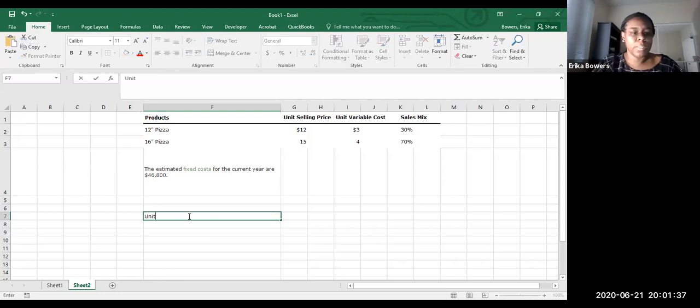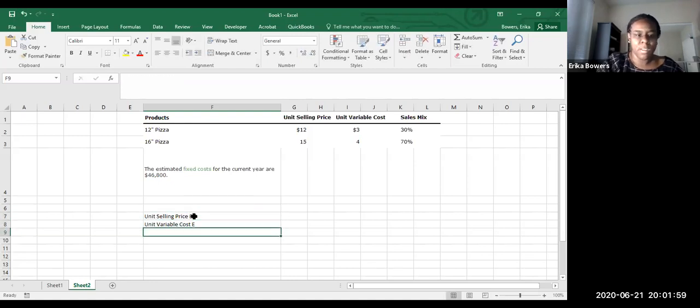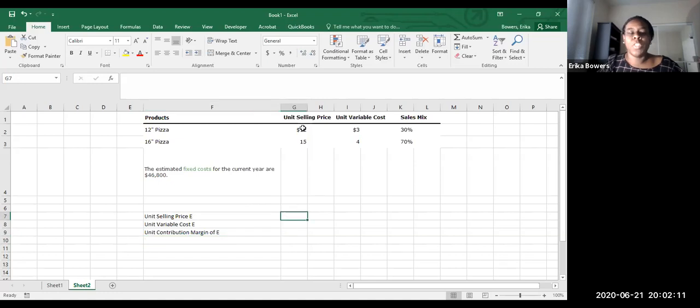So unit selling price of E, unit variable cost of E, and then unit contribution margin of E. In order to get that, we have to take the unit selling price of product A times its sales mix plus the unit selling price of product B times its sales mix.